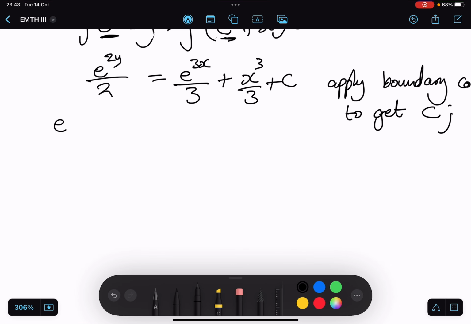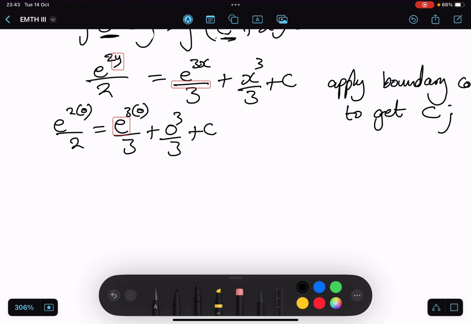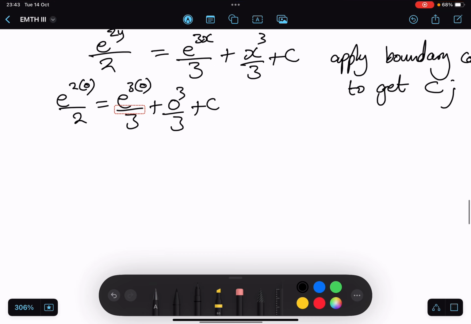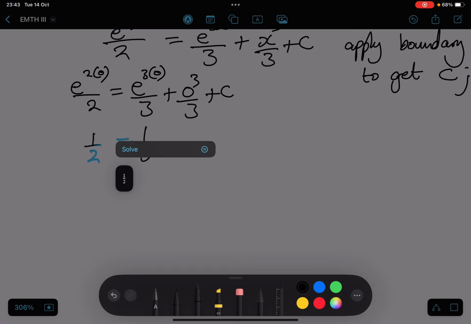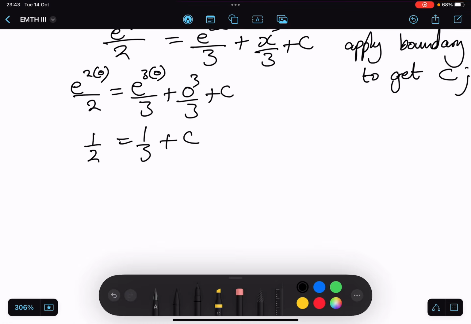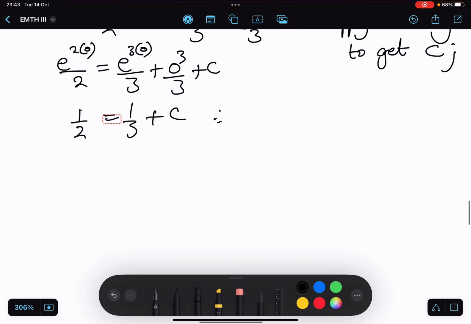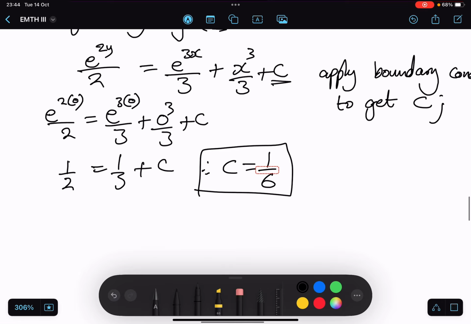We're going to have e^0 over 2 equals e^0 over 3 plus 0 cubed over 3 plus C. Evaluating this, e to the power 0 is 1. So on this side we have a half equals 1 over 3 plus C, and if you solve this, you get C equals 1 over 6. So this is the arbitrary constant C, and then we substitute it here.